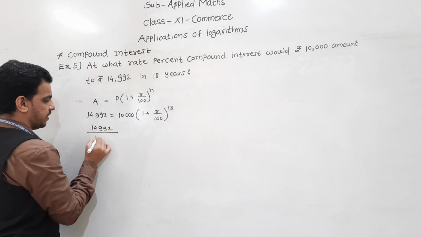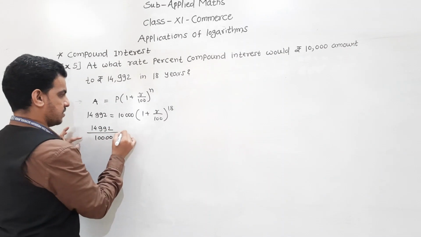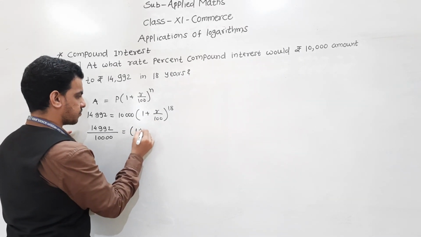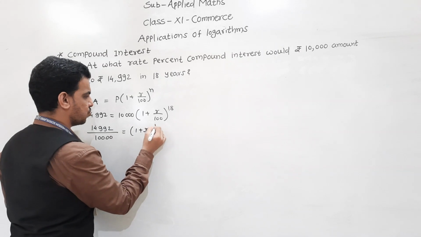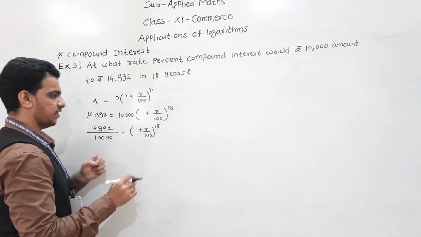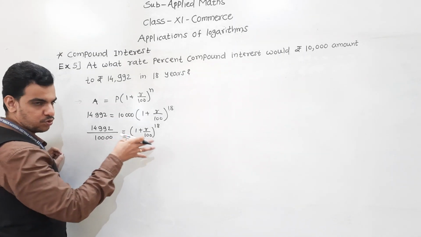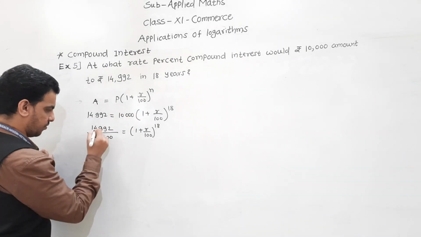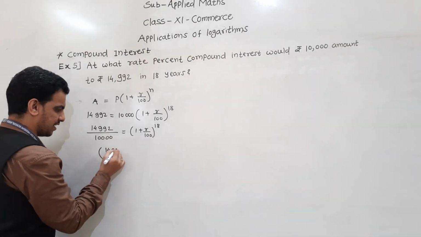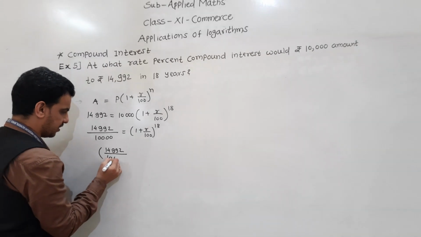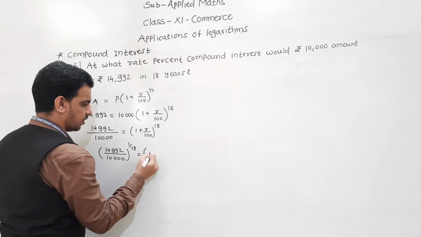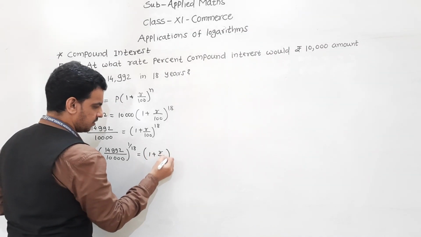14,992 divided by 10,000 is equal to 1 plus r by 100 raised to 18. If we have to remove this 18, we have to raise the power of both sides by 1 by 18. So 14,992 upon 10,000 raised to 1 by 18 is equal to 1 plus r by 100.